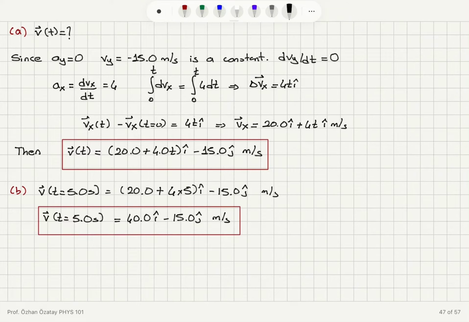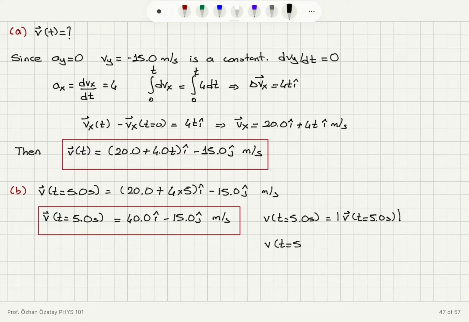And now the speed at t equals 5.0 seconds is the magnitude of the velocity at t equals 5.0 seconds. And what is the magnitude?